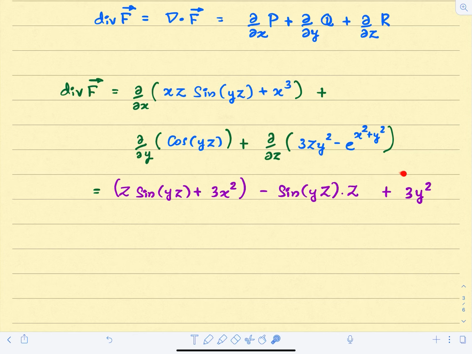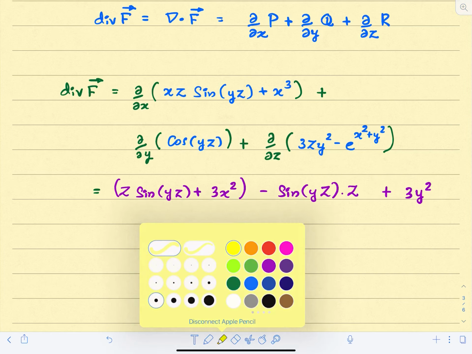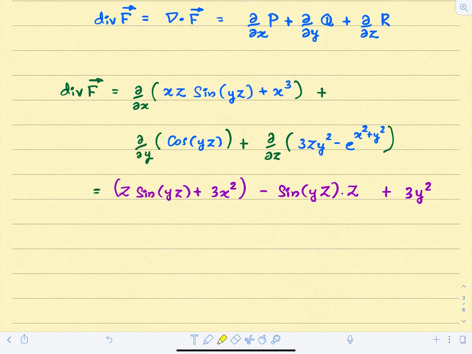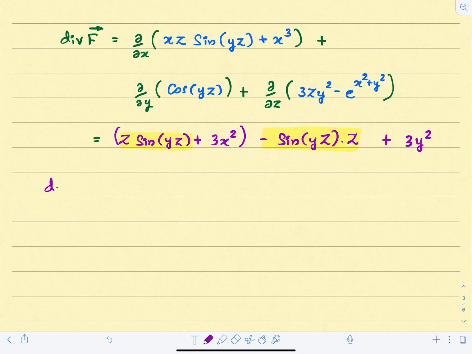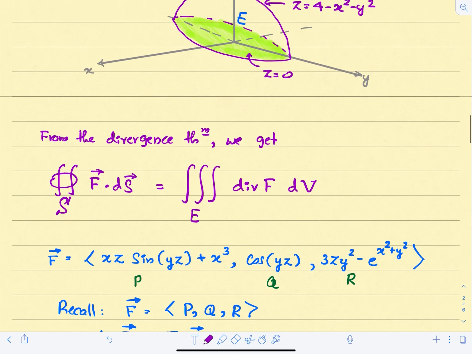Now, so we have a positive z sine yz term here and a negative z sine yz term here. We can cancel those two terms, and we have the divergence of F equals 3x squared plus 3y squared. Great.